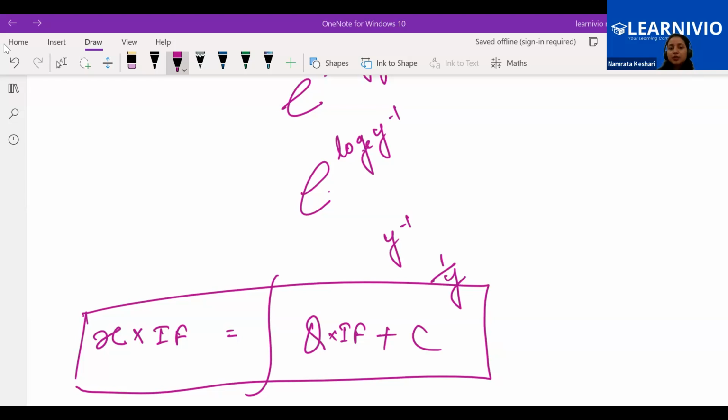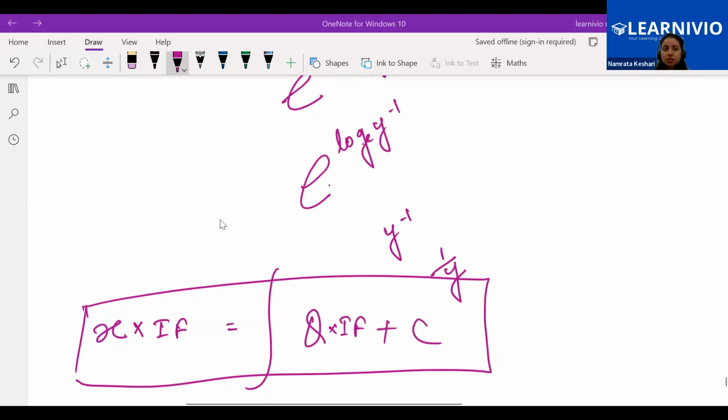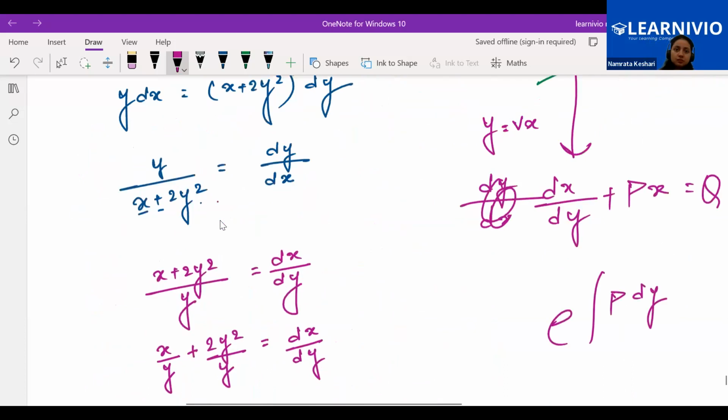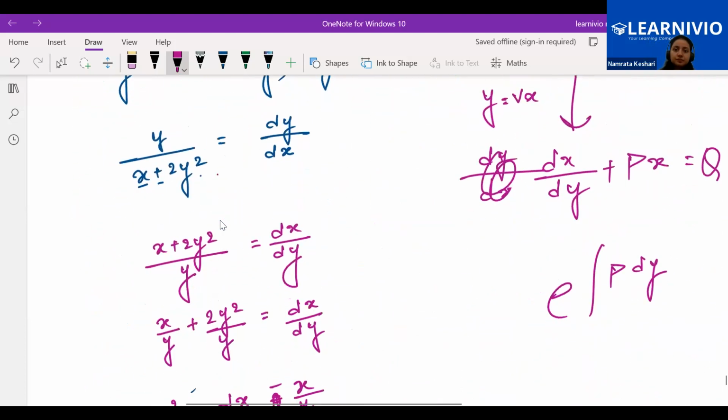Yes, Murtaza, are you able to do it? Ma'am, I got 2x as the final answer. Okay, 1 by y was the integrating factor, right? Yes, ma'am. And what was Q? Q was 2y.